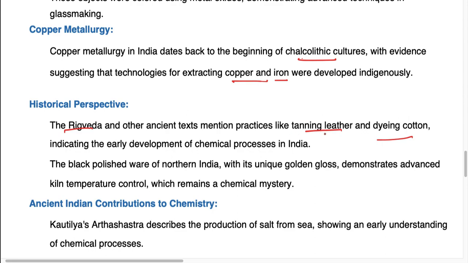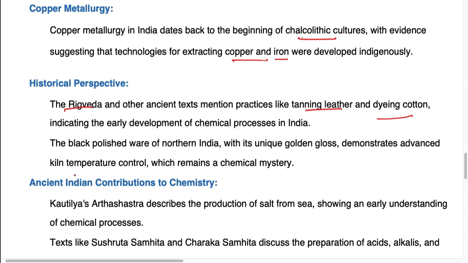So these practices indicate the early knowledge of chemical processes in India. Black polished ware of northern India with its unique golden glaze demonstrated advanced kiln temperature control, which remains a chemical mystery.